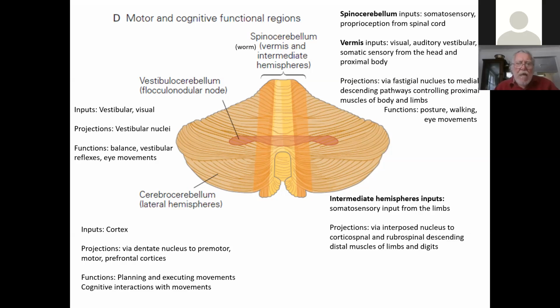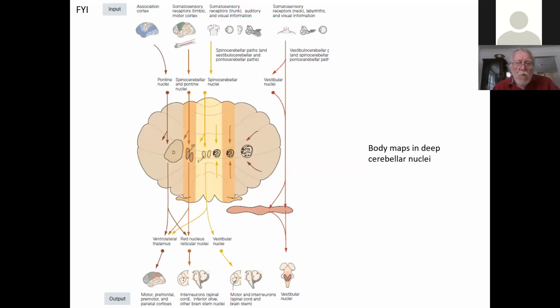So you're having the planning and executing of movements and the cognitive interactions with movements. So what you can basically see is that the cerebellum, in a much more gross kind of way, divides things into the spinocerebellum, which is somatosensory and proprioceptive, the vermis into visual, auditory, vestibular, and somatic sensory, and then somatosensory input from the limbs coming in here.